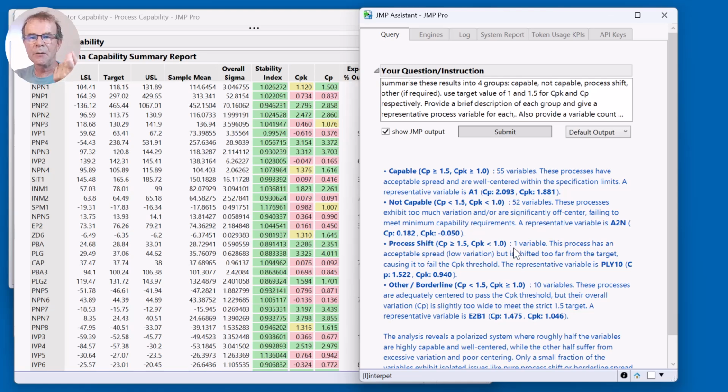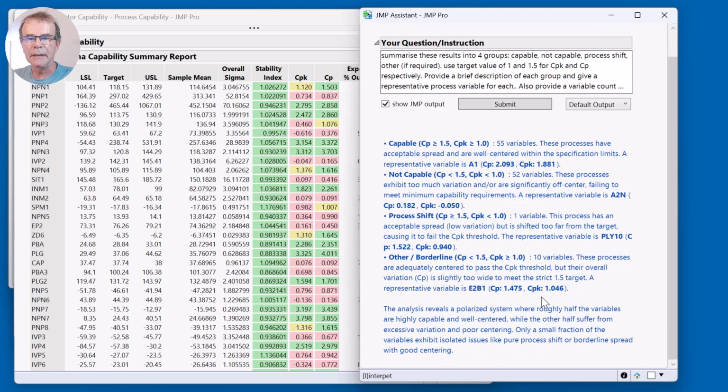The process shift, we only have a single variable with a process shift for these targets, the way I've defined the targets, and that's the ply 10. And we've got 10 variables which are borderline. So these ones are just kind of not robust. The CPK is good enough, maybe because, to be honest, we chose a fairly conservative threshold for CPK. But nonetheless, that's good. So, and then we've just kind of got this sort of summary at the bottom.